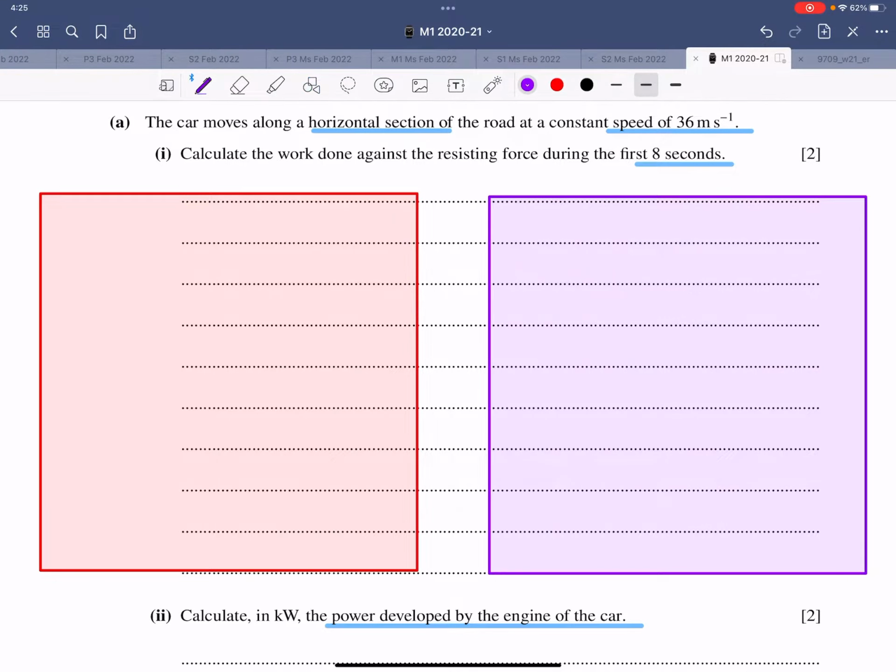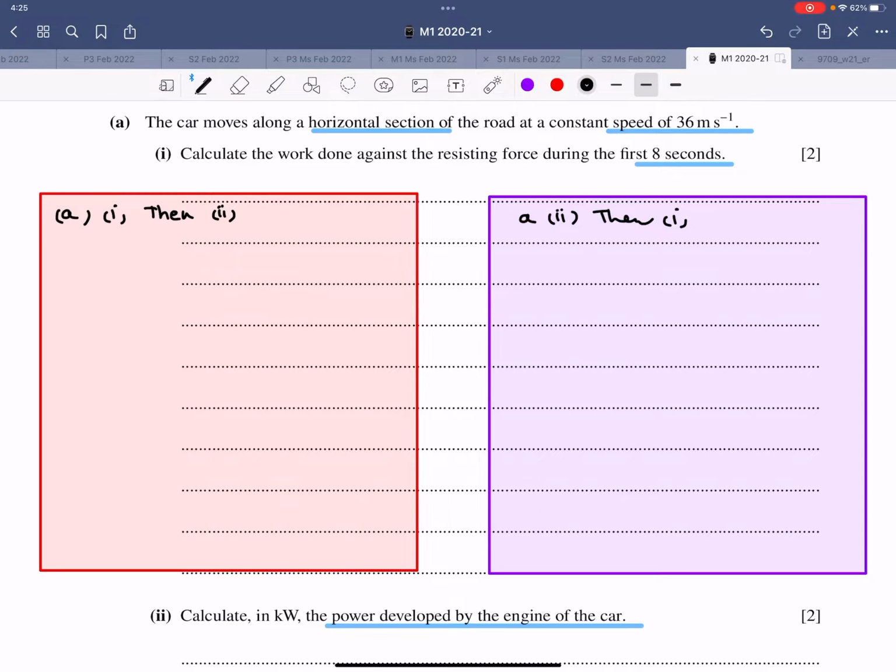So first, part 1, then part 2, and the other way, part 2, then part 1. As such, it doesn't make a difference what order you do the question in, as long as it makes sense to the examiner, as long as you can make it reasonable and logical to the examiner.